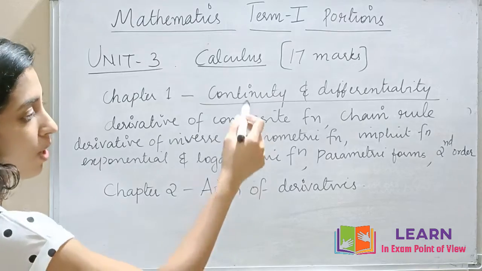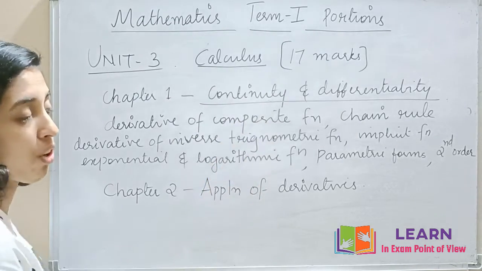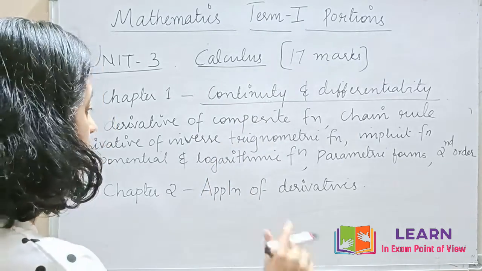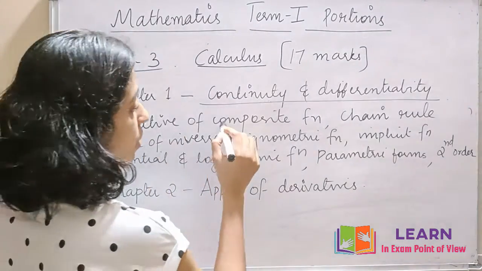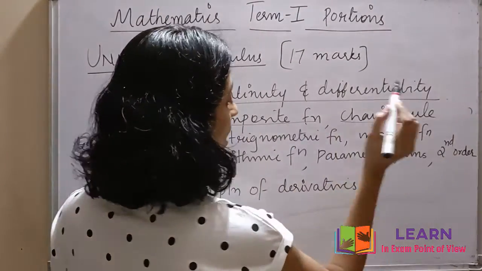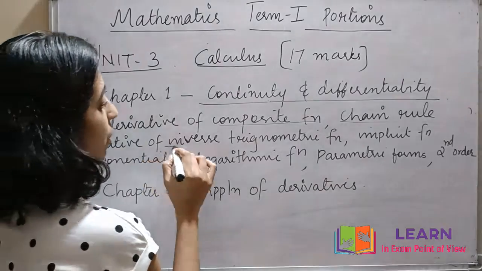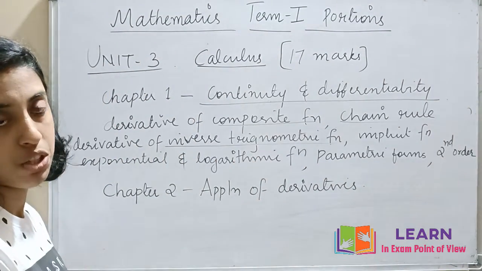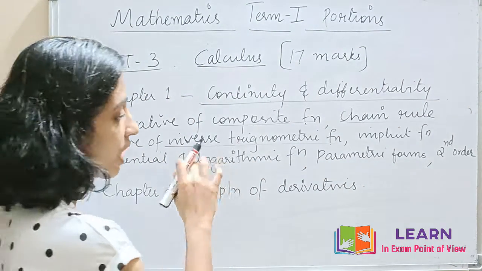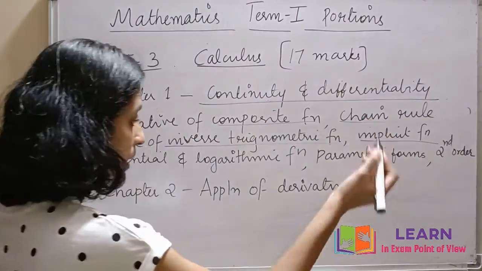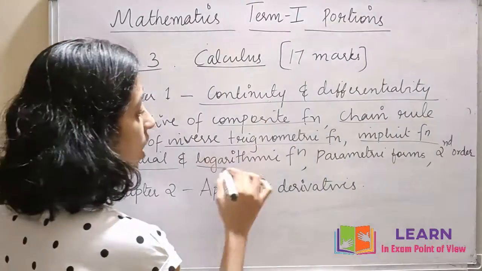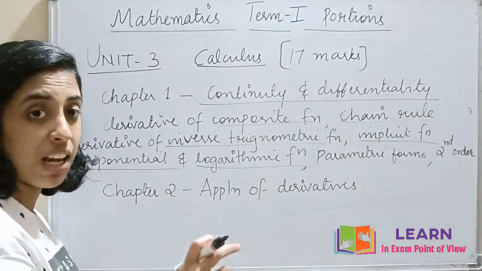So these are the topics you have to focus on in continuity and differentiability. You should know how to find the derivative of a composite function, how to apply the chain rule, then derivatives of inverse trigonometric functions like tan inverse, sine inverse, implicit functions, then exponential, logarithmic functions, then parametric form.